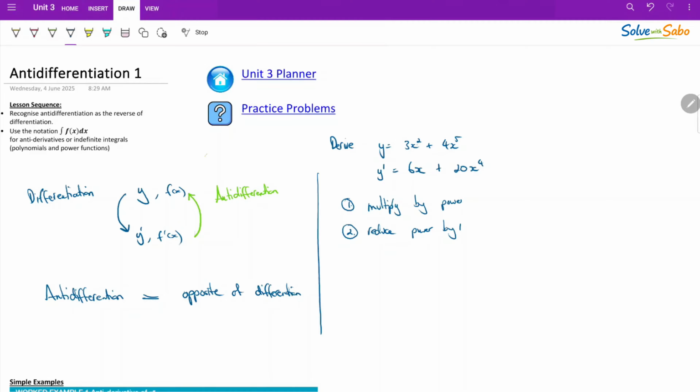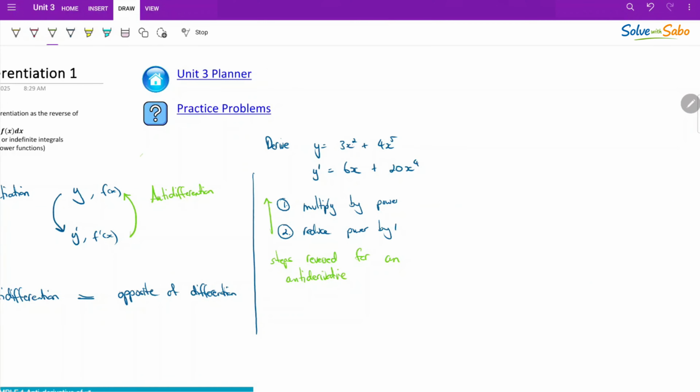Now, if we want to do the opposite of that, so that's how we derive. If we want to do the anti-derive, well, you bet that these steps are reversed for an antiderivative. So we're going to write that: steps reversed for an antiderivative. Okay. So just scroll over a little bit.